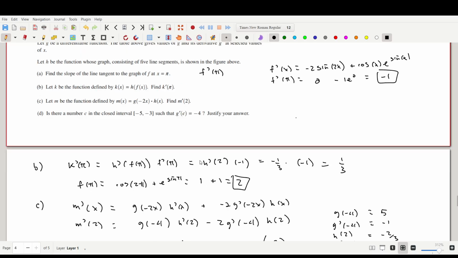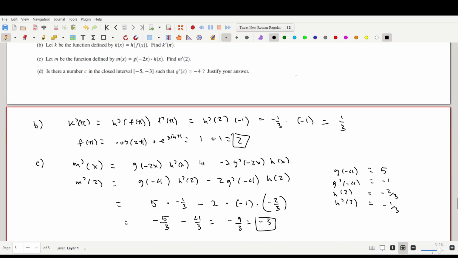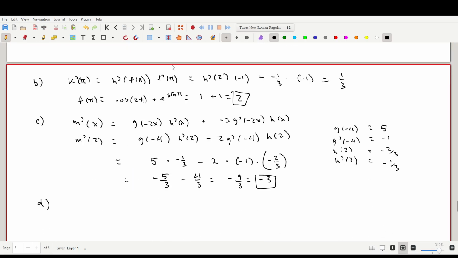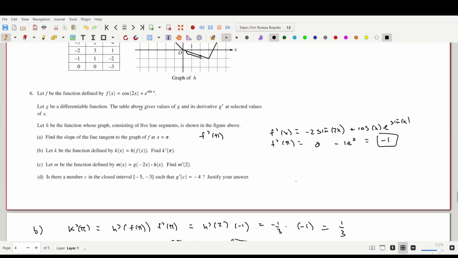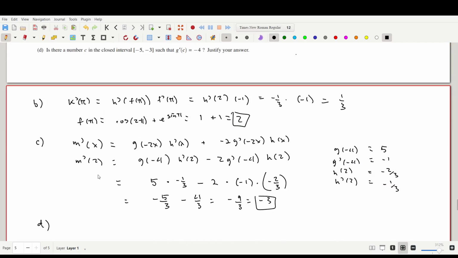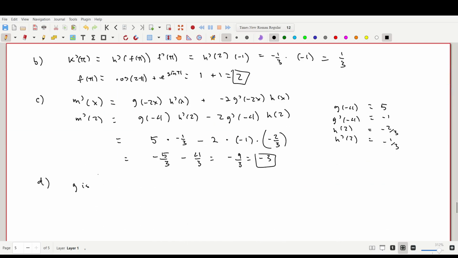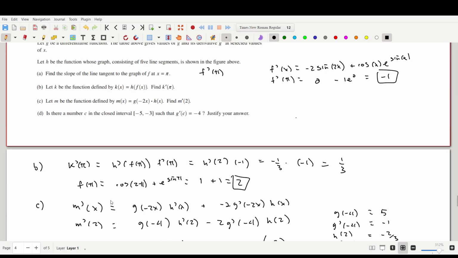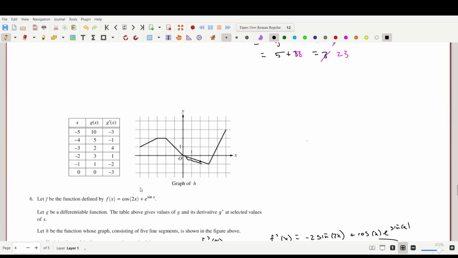Well, let's just hope the interval that they're telling me is accurate. So does it say G is differentiable? Okay. So G is differentiable just everywhere. Okay.